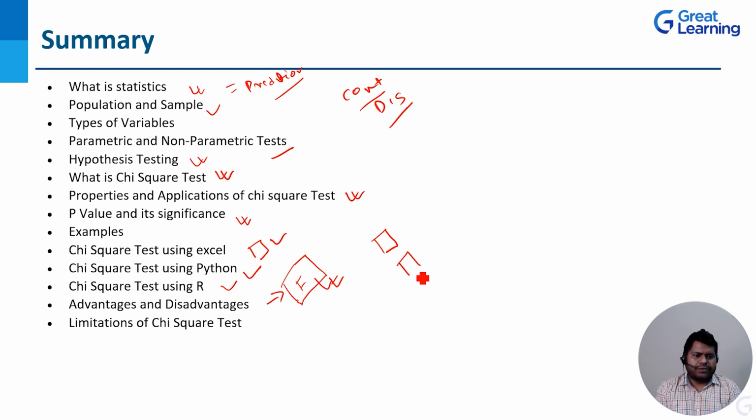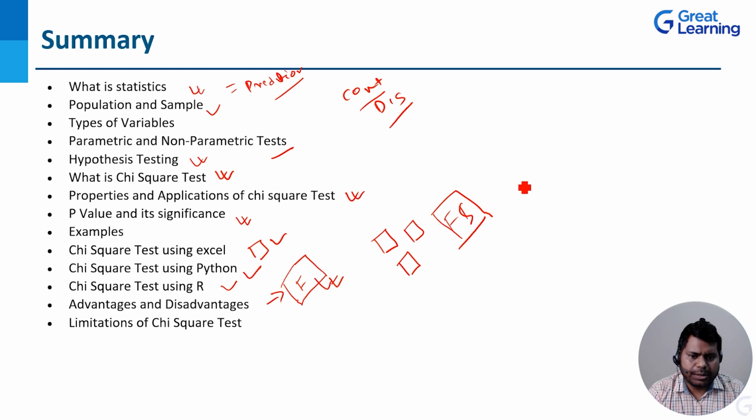So we got to know goodness of fit. We got to know about independence of two variables. We also discussed the feature selection technique, and we also discussed some of the limitations of the chi-square test.